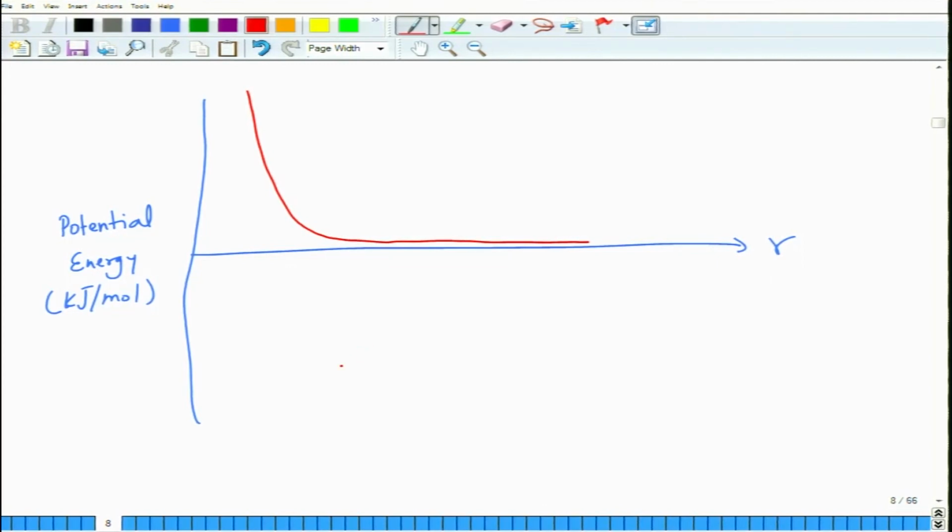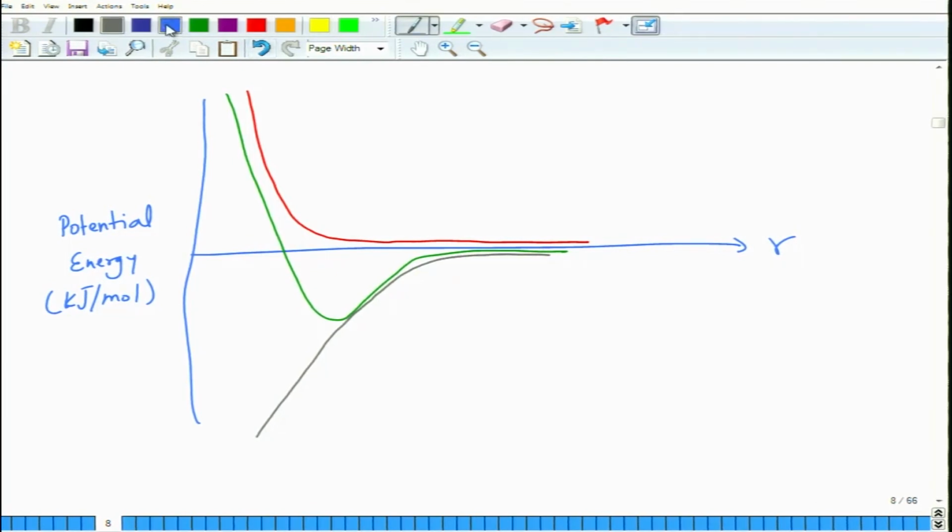This is the repulsion, and then you have the total energy, and your attraction term goes very close to what this is basically.